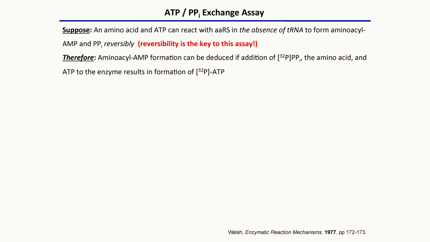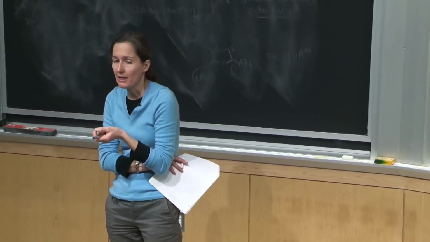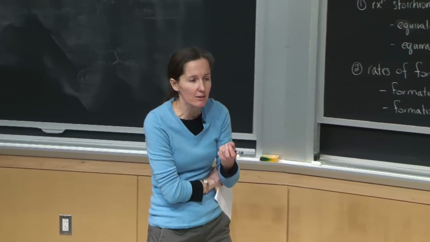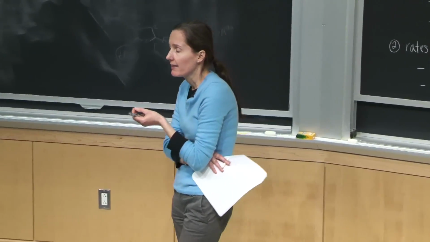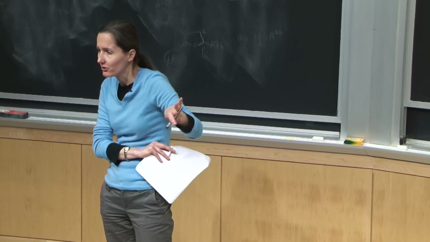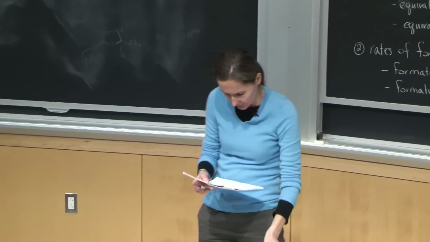Okay, that's only going to happen if this chemistry is reversible. And bear in mind, we can detect very small quantities with radioactivity. Okay? So it's not that it has to be reversible to some large degree. We're relying on the detection of this radiolabel.